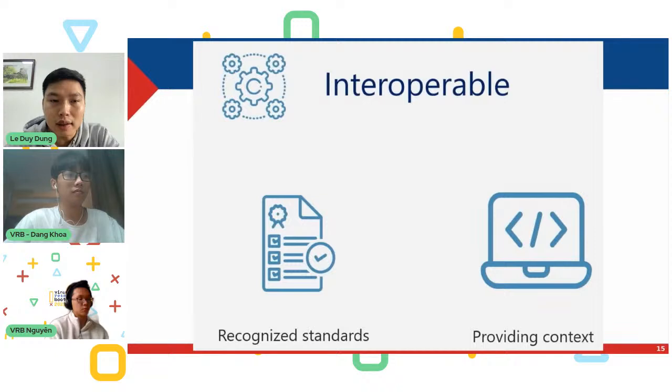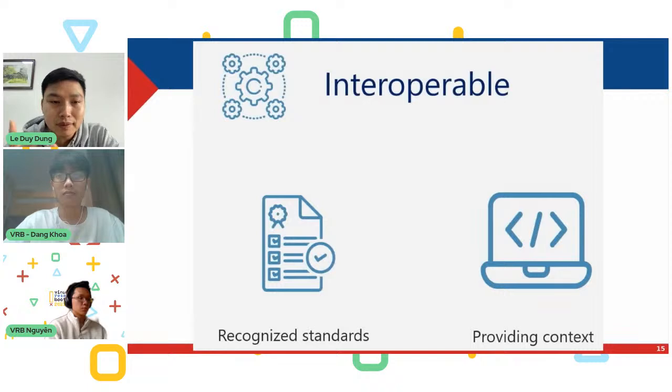Interoperable is also related to the previous principle, which means that you should follow some internationally recognized standards to organize the data so that when people read it, they are able to understand it.